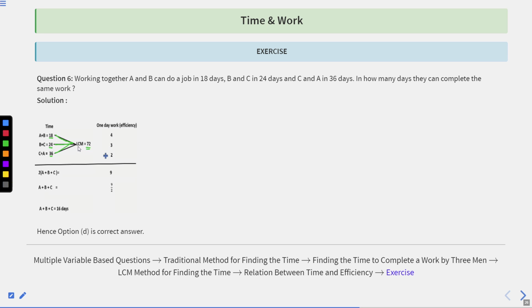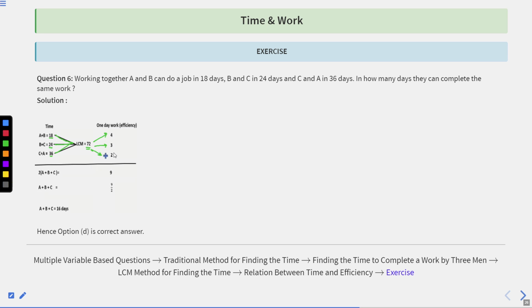And now, what is the work efficiency? 1 day work efficiency of A and B is 72 divided by 18, that is 4. 1 day work efficiency of B and C together is 72 divided by 24, that is 3. And 1 day work efficiency of C and A together is 72 divided by 36, that is 2.